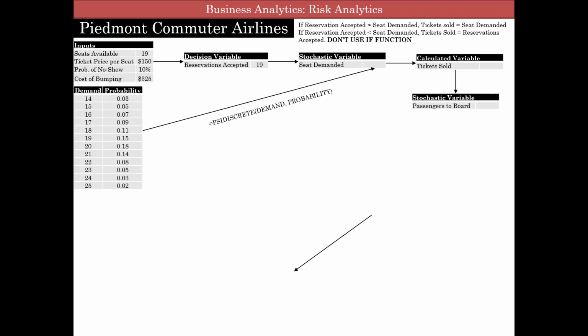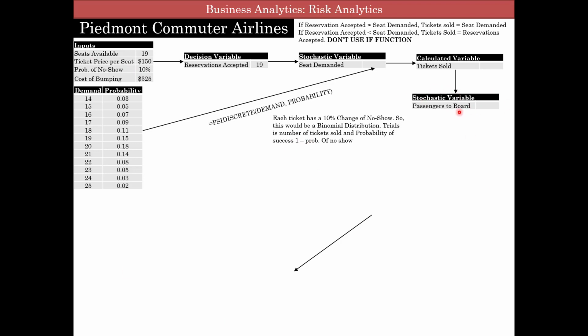Once you get that calculated variable, you are going to do the stochastic variable: how many passengers are going to board? Remember, each ticket you sell here has a 10% chance of no-show. So you can use binomial distribution. Number of trials is the number of tickets sold. Probability of success, which is the probability of people showing up, is 1 minus the probability of no-show, which is 90%.